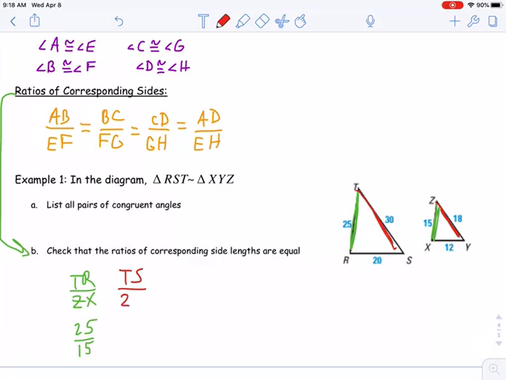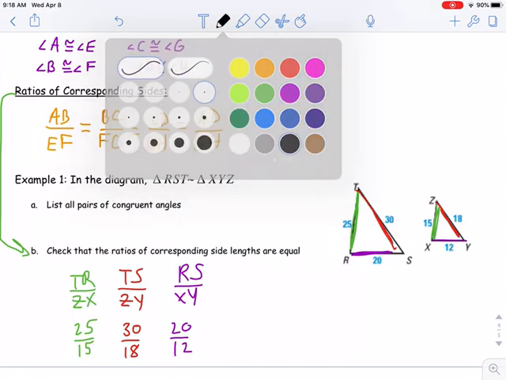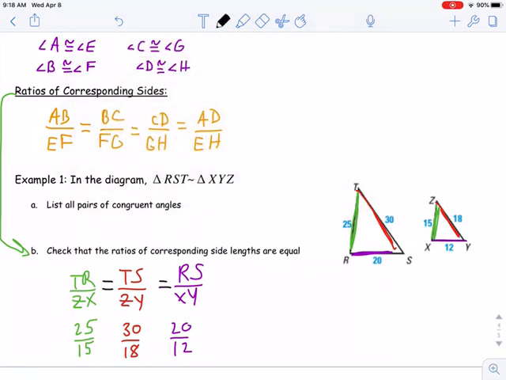TS and ZY is going to be 30 over 18. And then the last one is RS and XZ, or excuse me, XY. That's going to be 20 over 12. Now, little spoiler alert, these all equal each other. All right, they all equal 5/3.